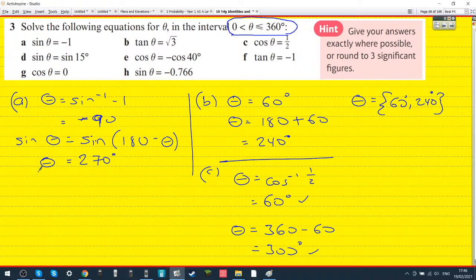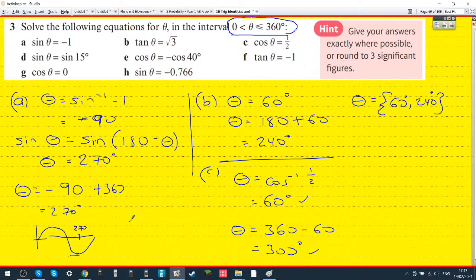Minus 90. So 270, you get the same answer twice. So it's just a repeated solution. It's a special case, because 270 is exactly the very bottom of the sine graph.